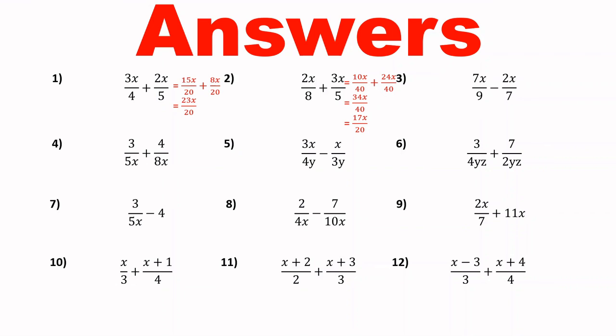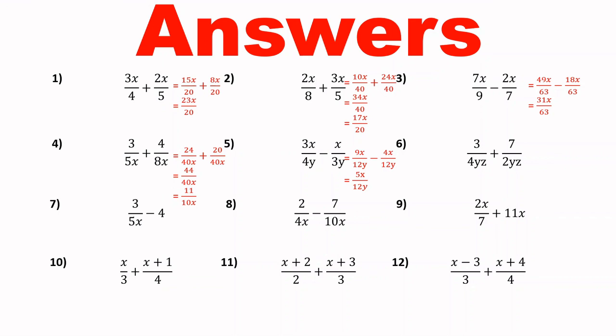Question 3, the common denominator is 63. Question 4, the common denominator is 40x, which could also be simplified. Question 5, the common denominator is 12y, so that gives 5x over 12y.